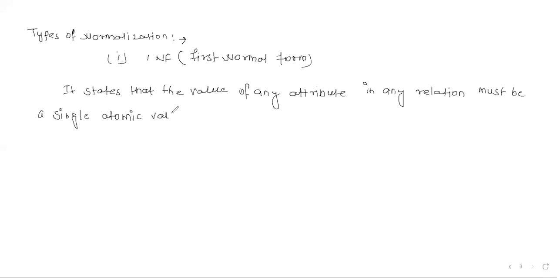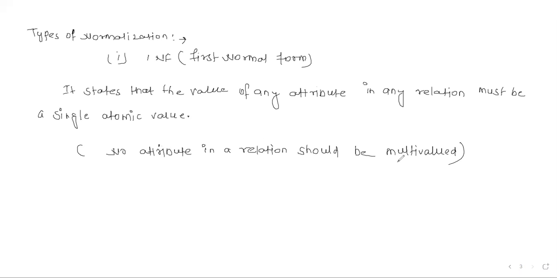A single atomic value means what? In short, no attribute in a relation should be multi-valued. This is the summary of this statement.